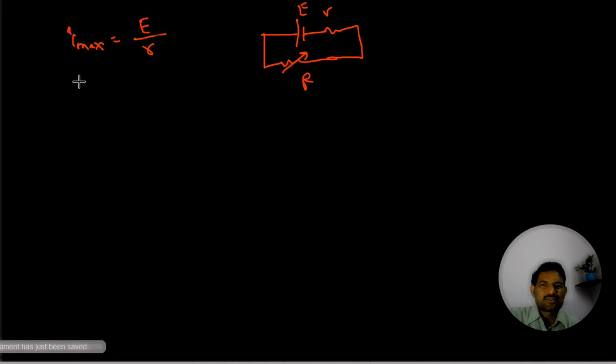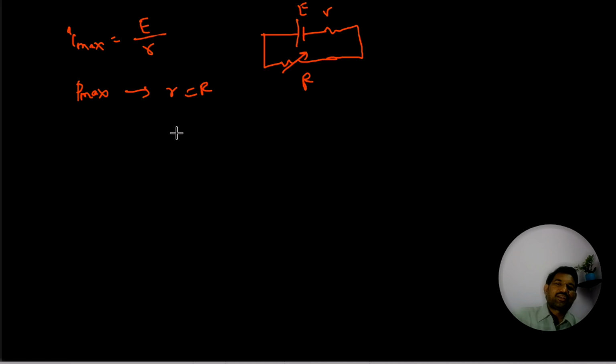Whereas the maximum power you will get when small r is equal to capital R here. When small r is equal to capital R, then you will get the maximum power delivered to this external resistor. Here the current will be maximum only, but there is no external resistance to deliver the power.